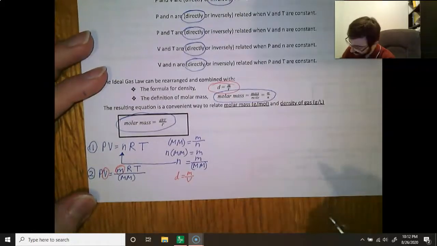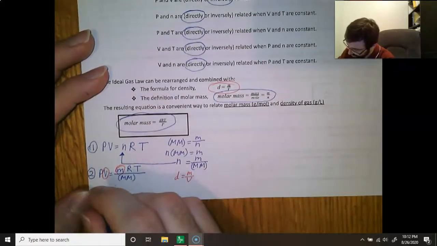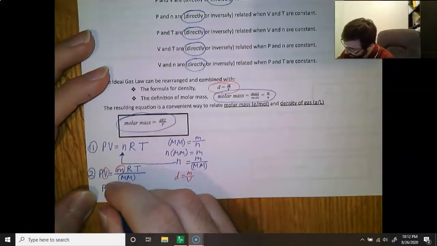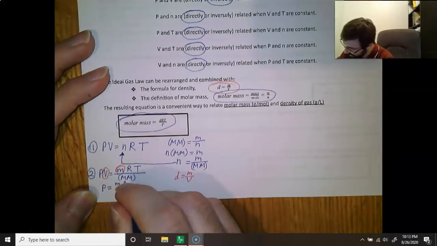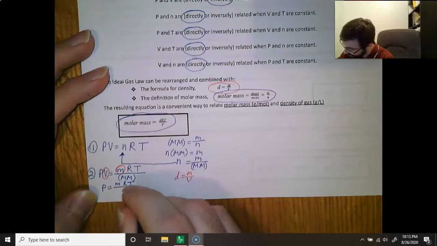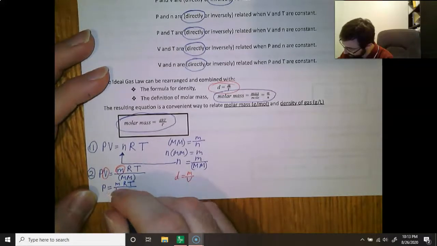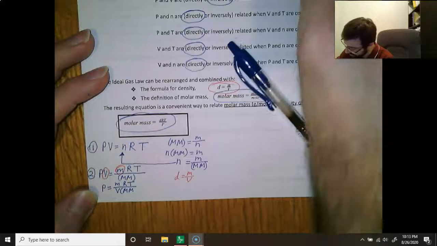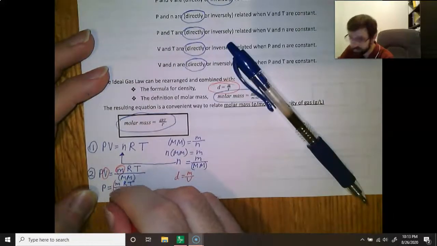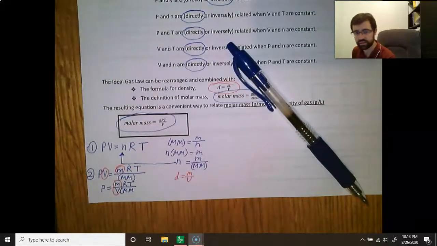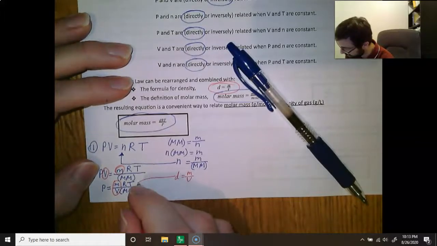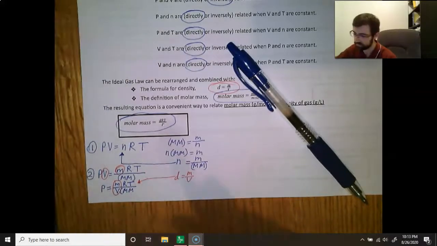So I end up with pressure equals mRT over V times molar mass. Do you see that I've got density right here? I took that and plugged it into my equation.